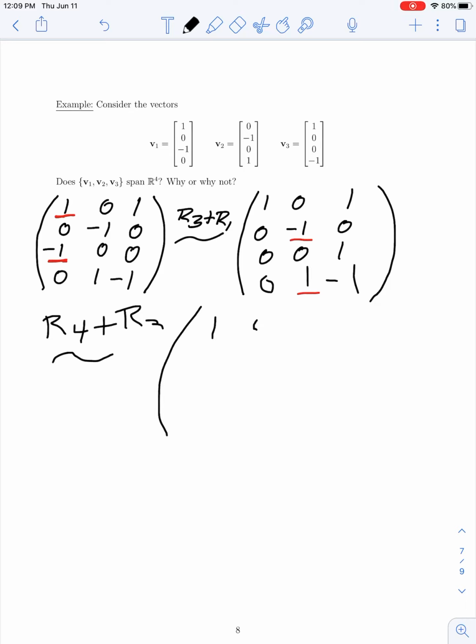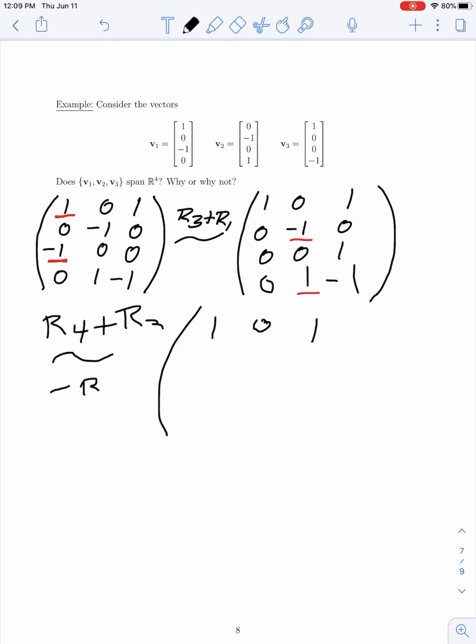So our first row is 1, 0, 1. And then in my second row, I know that I want that leading entry to be a positive 1 instead of a negative 1. So I could get that by taking the negative of my second row.